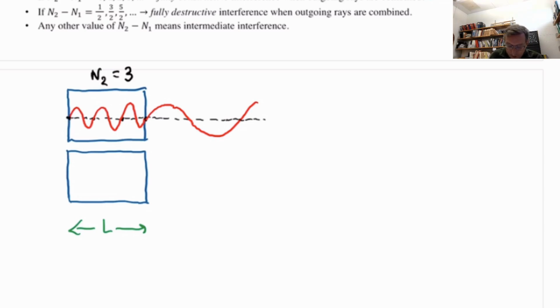All right, now let's do the same thing for the lower block, block 1. Again, let me draw a line down the middle for reference. And now remember, block 1 has an index of refraction little n1, which is smaller than little n2. So the wavelength in block 1 is not as short as it was in block 2.